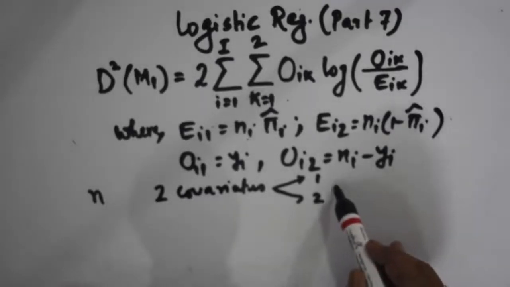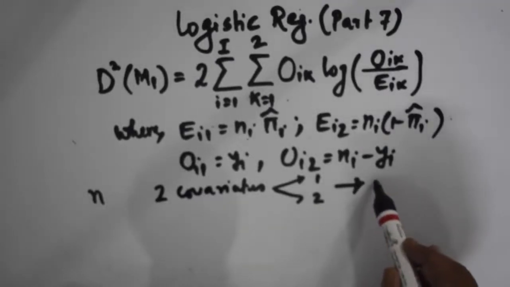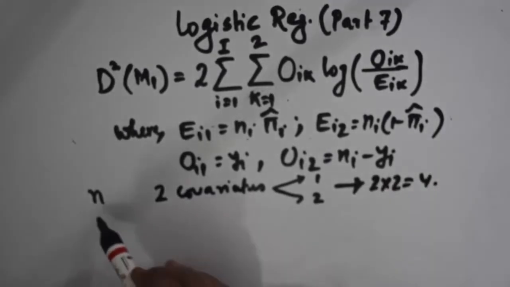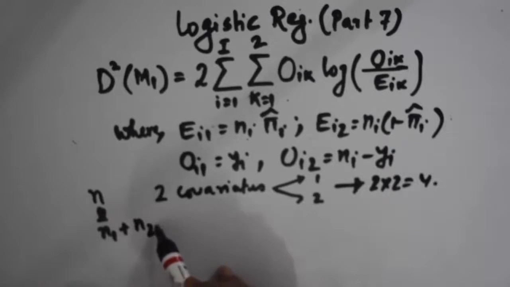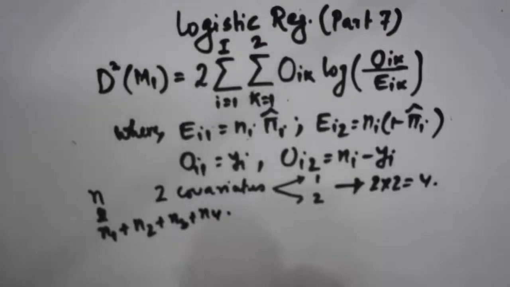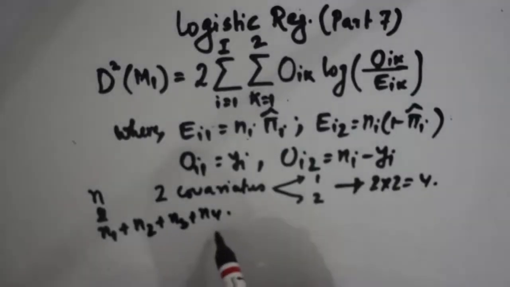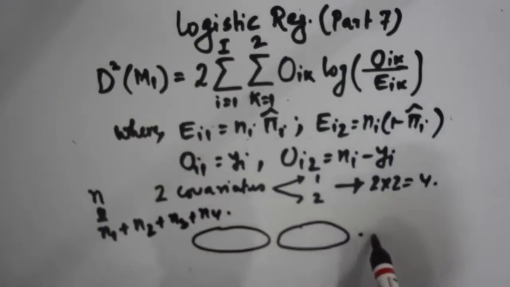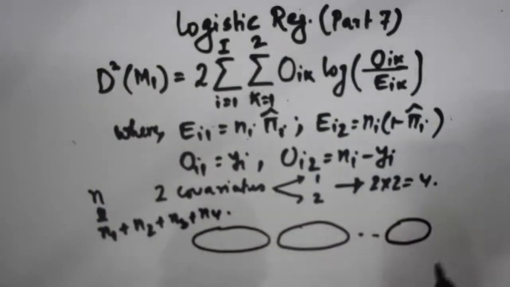So we have a total number of groups equal to 4, and we divide n observations into 4 groups. The first group contains n1 observations, the second n2, the third n3 and the fourth n4. This is the first group, second, and this is fourth.